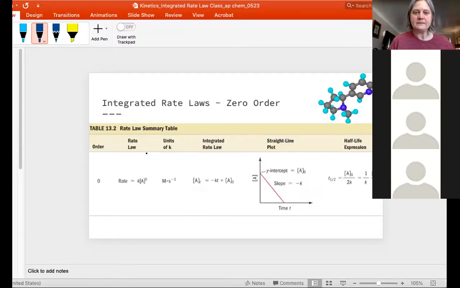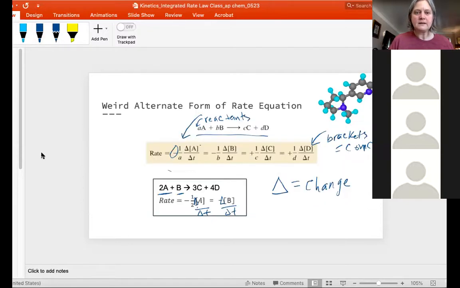When do we use that other equation? Let me try to find a problem where they will ask about it. It's going to be something where they're asking how much faster does B disappear than A, or how much faster does C appear than D?